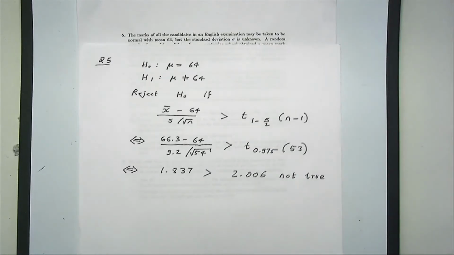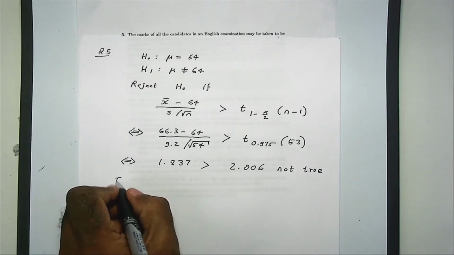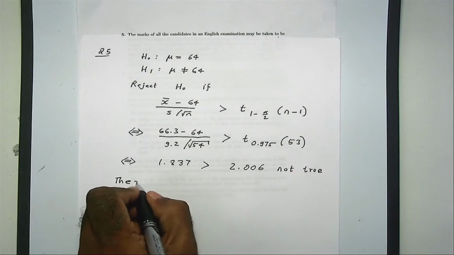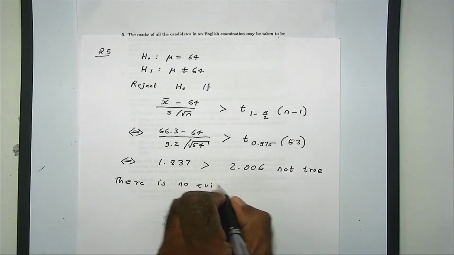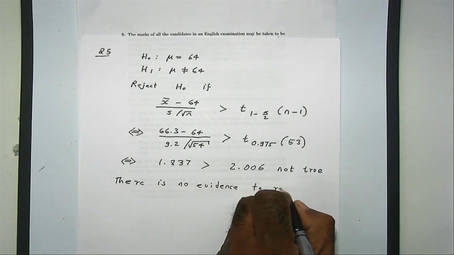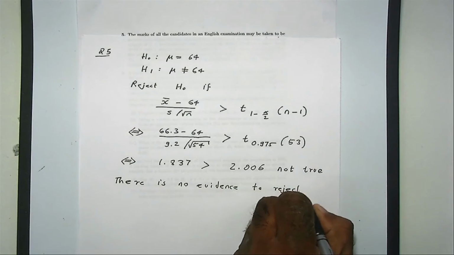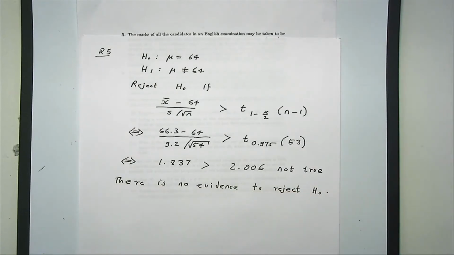So the conclusion is that there is no evidence to reject the null hypothesis. Okay. So that completes question 5.